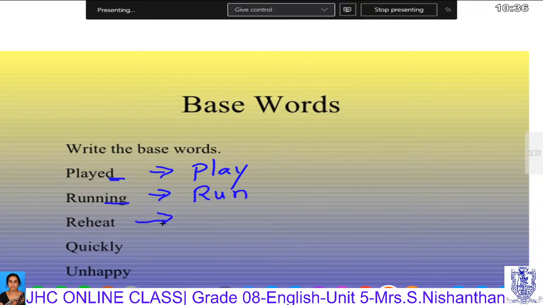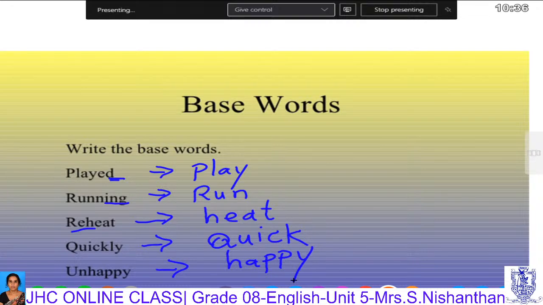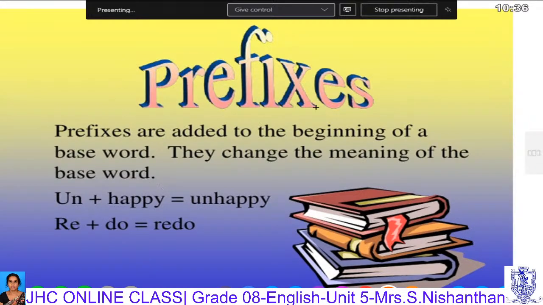Reheat. Heat. The prefix is added here. Quickly. What is the root word? Quick. Unhappy. The root word is happy. Like that, the base words are added with suffixes or prefixes and made into new words.